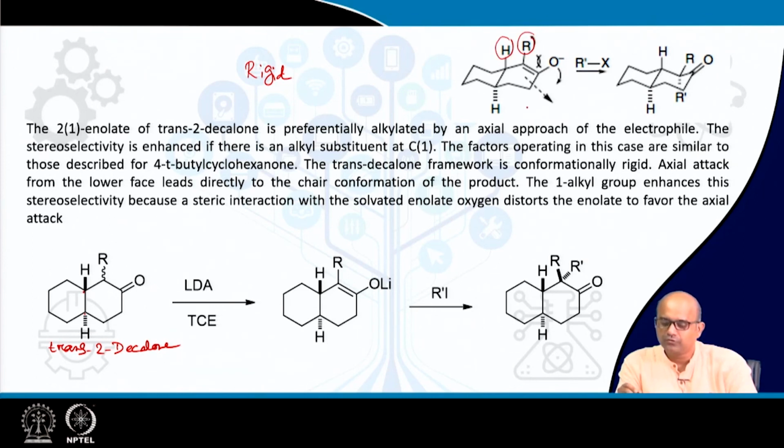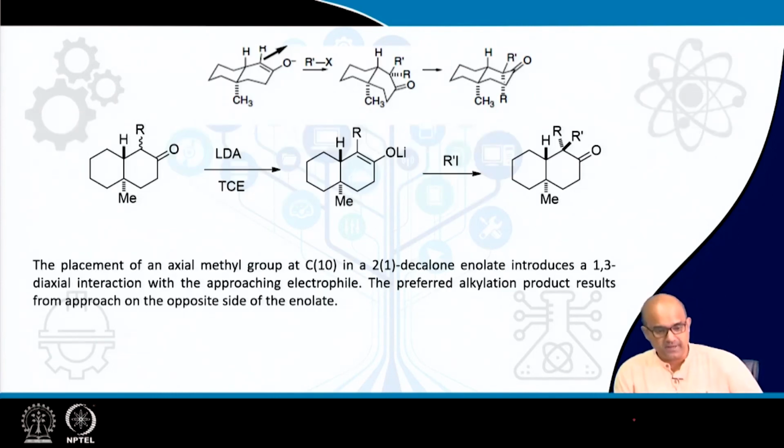So the approach definitely has to be from the bottom face. This trans decalone framework is conformationally very rigid, with axial attack from the lower face. This definitely has to be axial attack, because there is no other way. That will give you directly a chair conformation of the product, and the one alkyl group which is already pre-existing enhances this stereoselectivity. So this you can definitely predict.